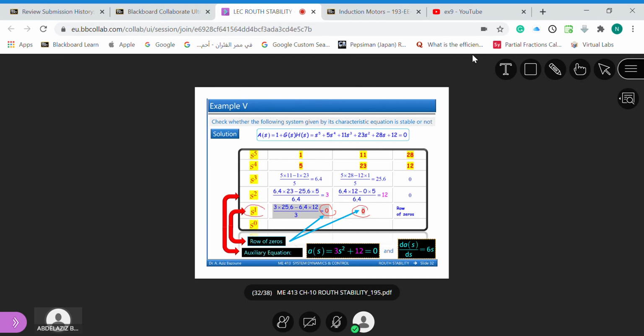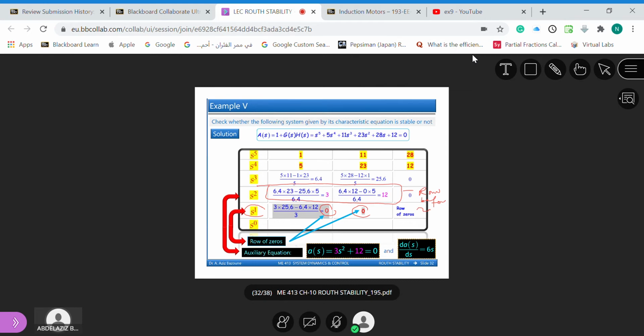We construct the auxiliary equation. How do we get the auxiliary equation? The auxiliary equation is the row before the row of zeros. I'm writing it here: the row of zeros, and the auxiliary equation is the row before the row of zeros, this one.